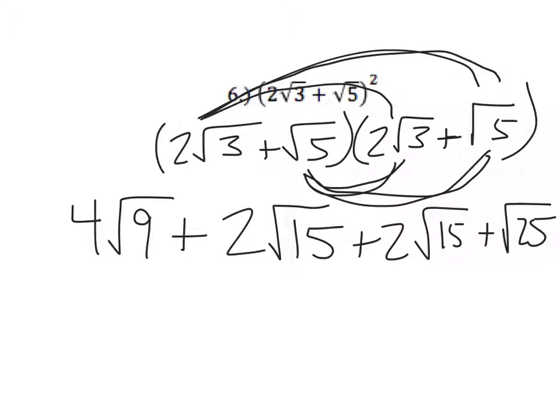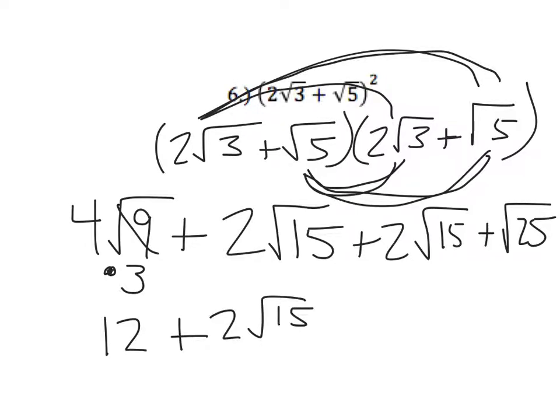Well, I know that the square root of 9 is just 3, so this is going to be 4 times 3, which is just 12. 15 is just 5 and 3, so there's no pairs. So I'm just going to bring down this plus 2 square root 15. Same over here. Nothing I can break down, so I'm going to bring a plus 2 square root 15. And square root of 25 is just 5, so that's just going to be plus 5.